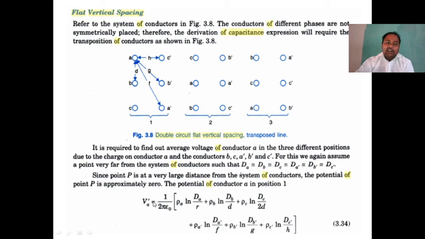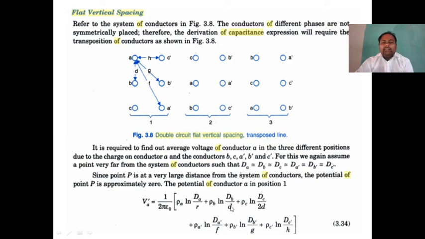Write the equation: VA dash is equal to rho A by 2 pi epsilon naught log dA by R. Once again I repeat, what is dA? The distance between conductor A and point P, divided by R. Why do we take R? Because conductor A is the reference, so from the reference the distance is R only. Similarly, rho B by 2 pi epsilon naught log dB by D.